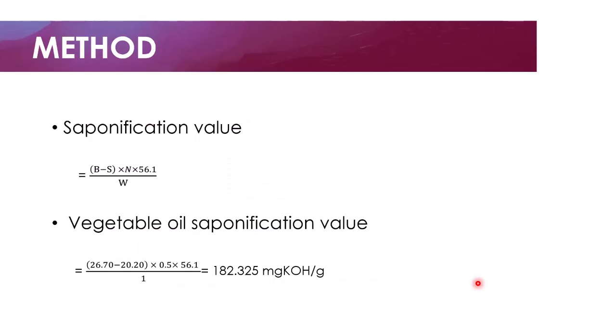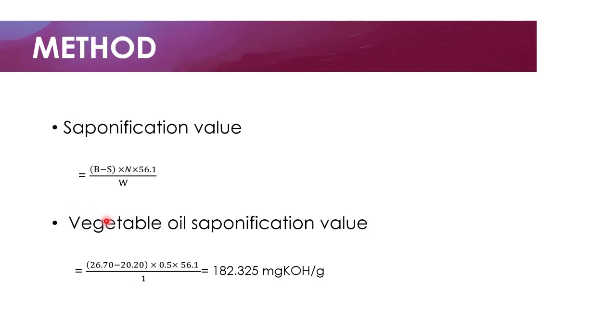Now, from the table, and using the formula for the saponification value, we will calculate the saponification value for each of the lipids used. The first is the vegetable oil.